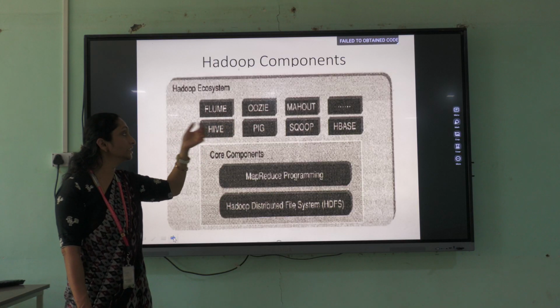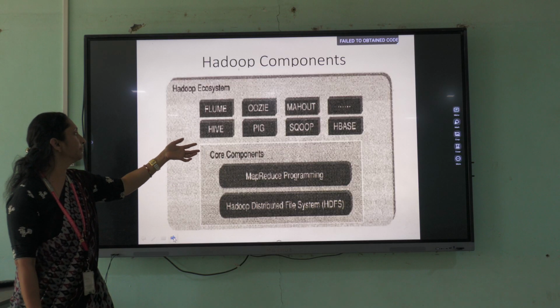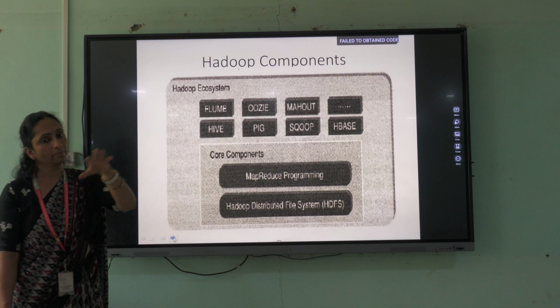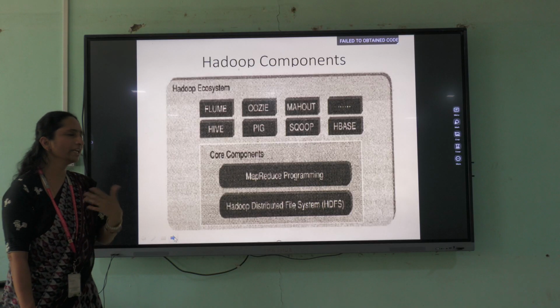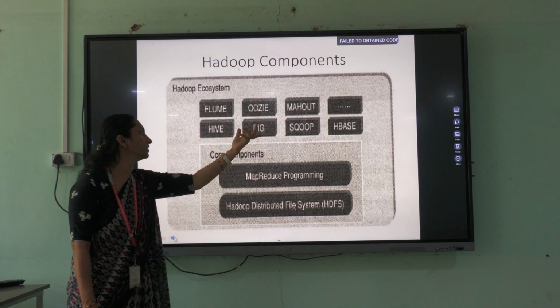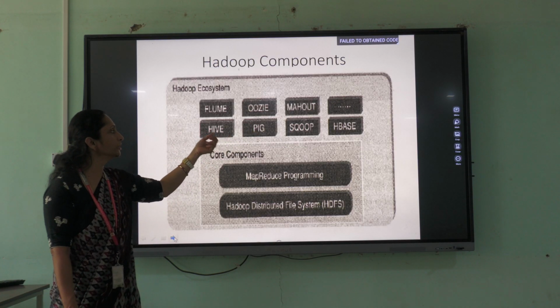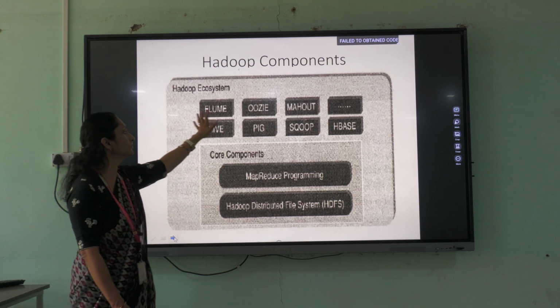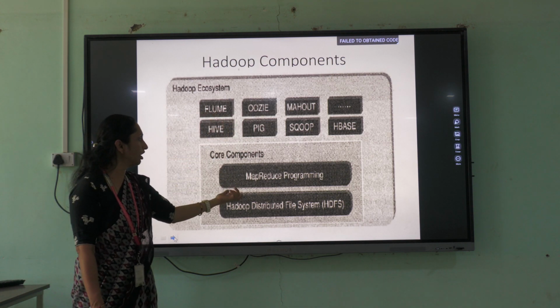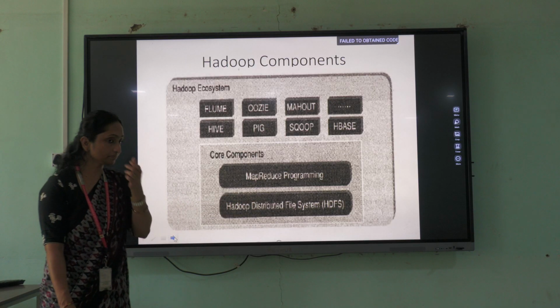Mahout is for the machine learning algorithms along with the Hadoop architecture. Hive and Pig are for the transformation from the input source, whenever we are writing and reading. The transformation schemas, configuring, scheduling, coordinating the clusters, all this we will use at that time. And the core components are MapReduce programming and Hadoop Distributed File System.